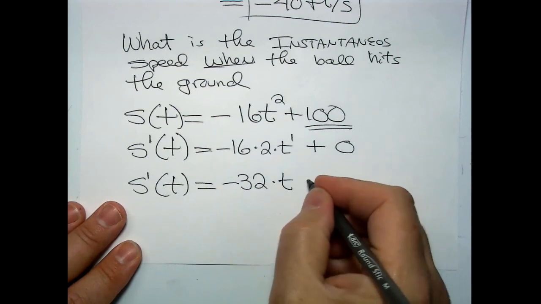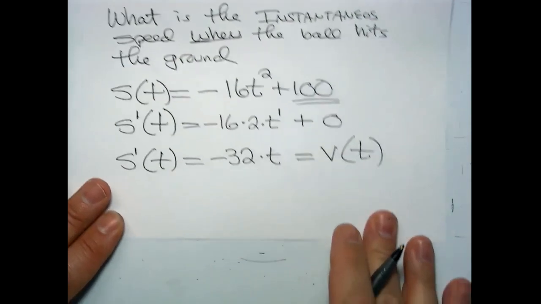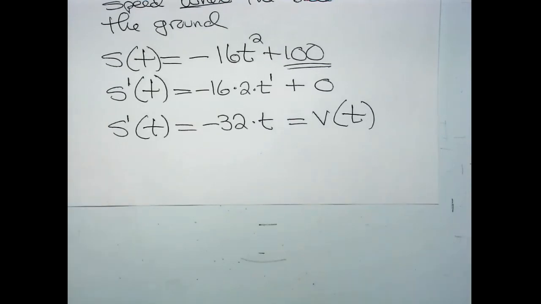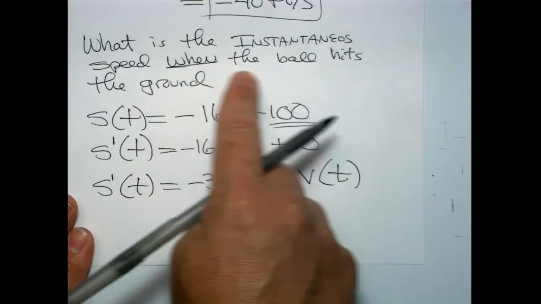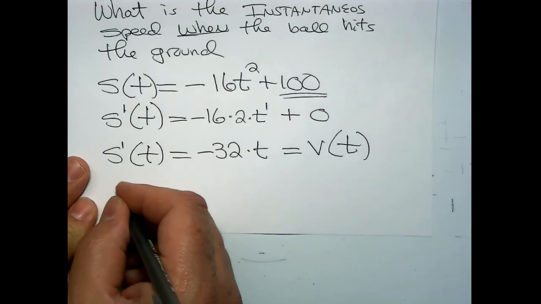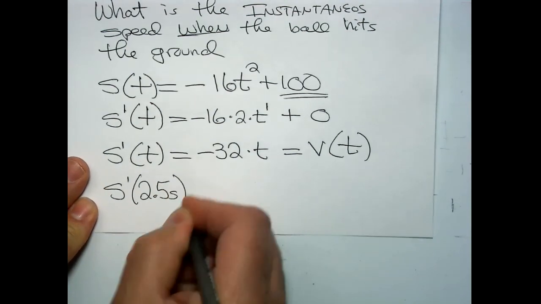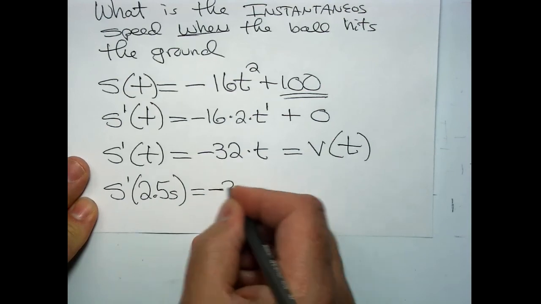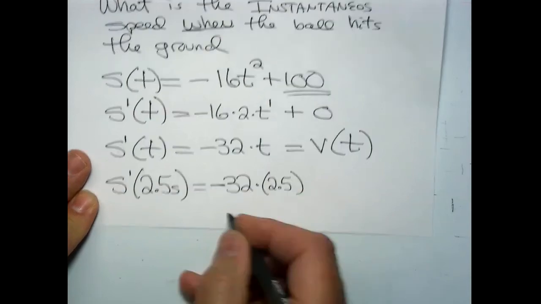That's s prime. In fact, I can even give this function a new name. It's the velocity function. What is the instantaneous speed or velocity when the ball hits the ground? Just inform this function what time it is. The time where it hits the ground, we already figured at 2.5 seconds. So we would do minus 32 times 2.5 seconds.